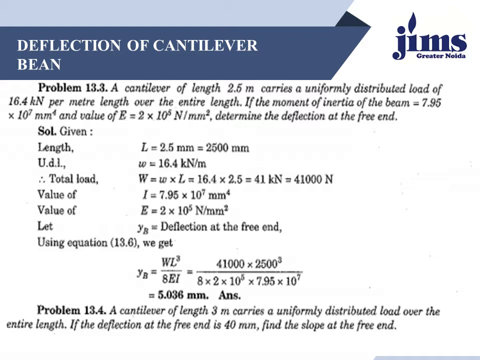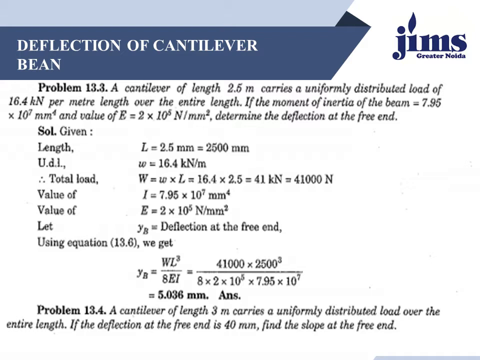If the moment of inertia of the beam is 7.95 multiplied by 10 to the power 7 millimeter 4, and the value of Young's modulus, that is E, is equal to 2 multiplied by 10 to the power 5 Newton per millimeter square, determine the deflection at the free end.